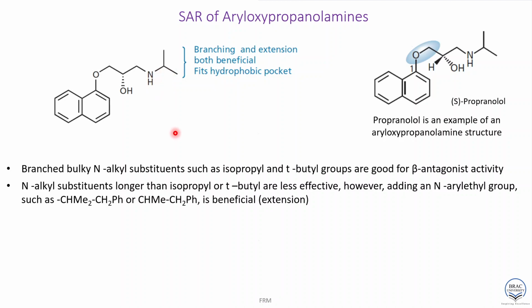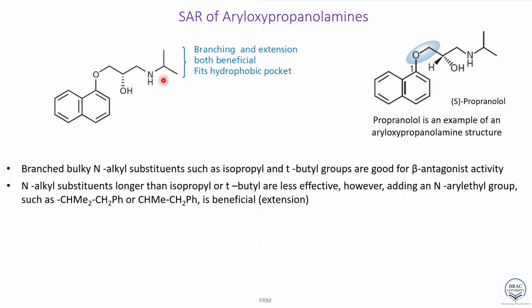because if you look at the structures of the alpha and beta receptors, both receptors are similar in structure, but the beta receptor has just one extra pocket on this right side. So if you add branched groups, they will interact with that extra hydrophobic pocket and fit into it.